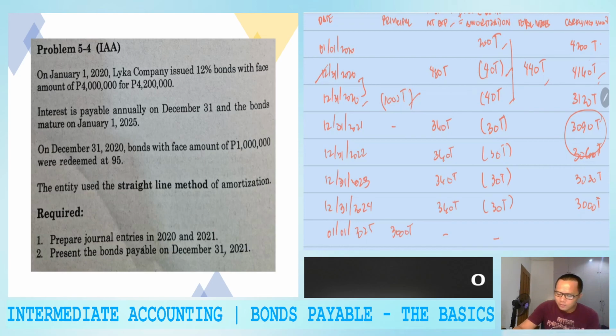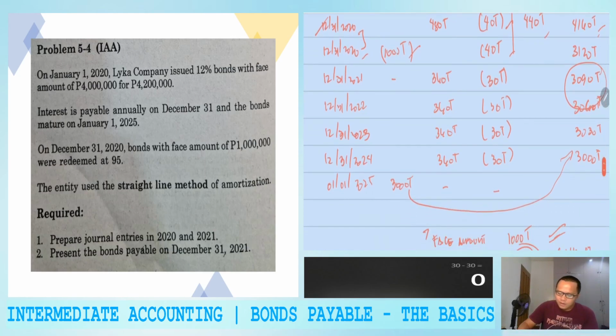So, check if it is fully exhausted. 200 minus 40, minus 40, minus 30, minus 30, minus 30, minus 30. Di ba? 0. Ngayon, di ba payment to? So that means, equal na yan siya sa carrying amount natin.